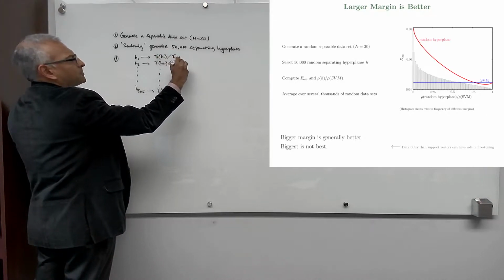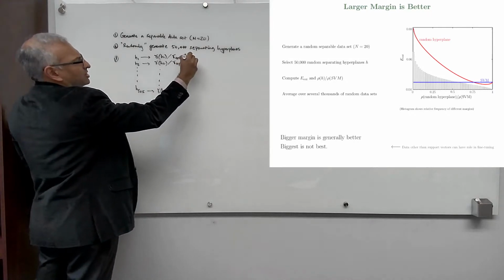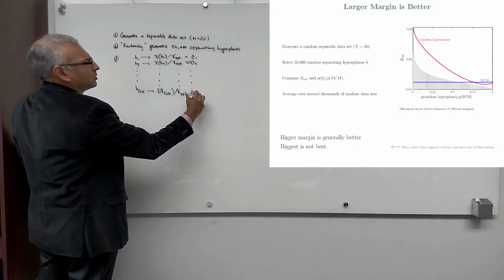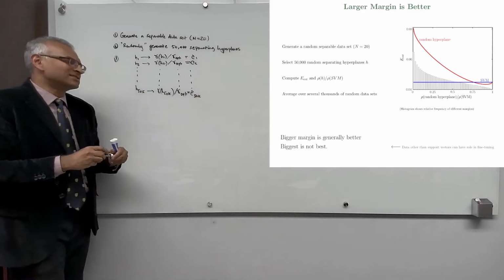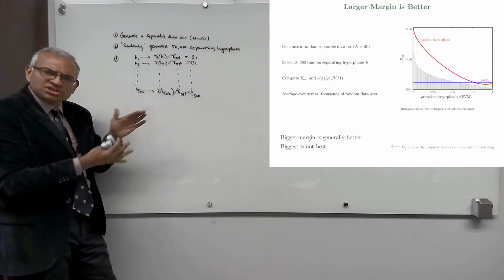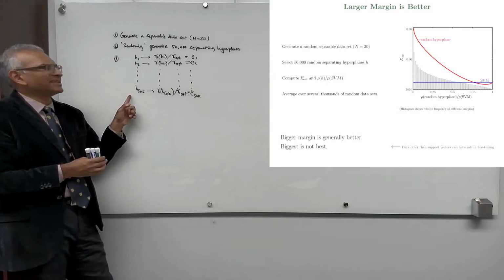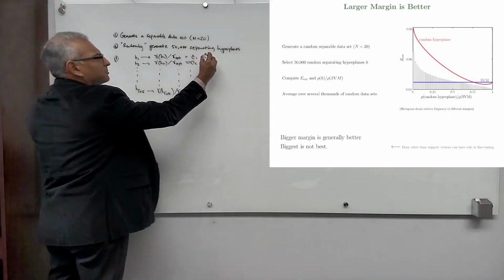Let me call this rho 1, rho 2, up to rho 50K. This is basically what fraction of the margin available, what fraction of the width available, did your random hyperplane capture. And for each hyperplane, since it's a simulated setting, I can compute E out.